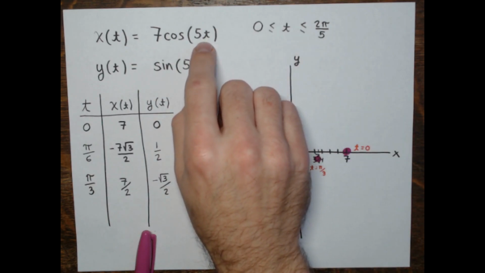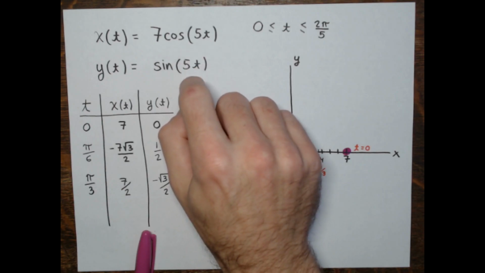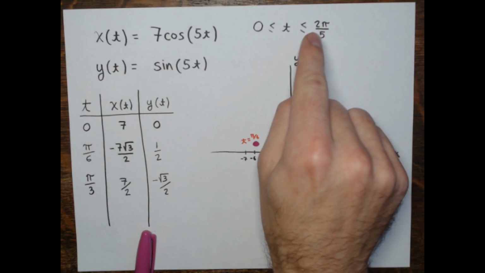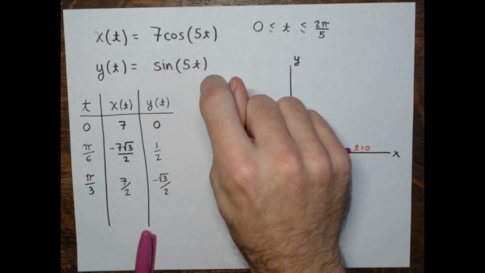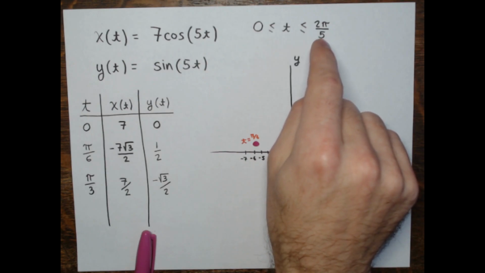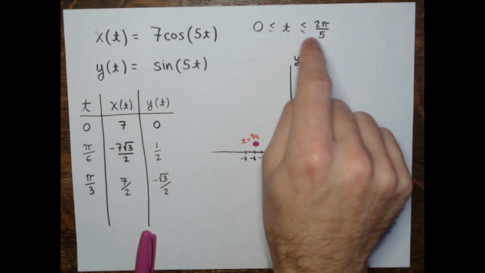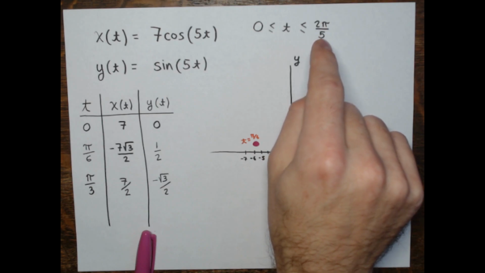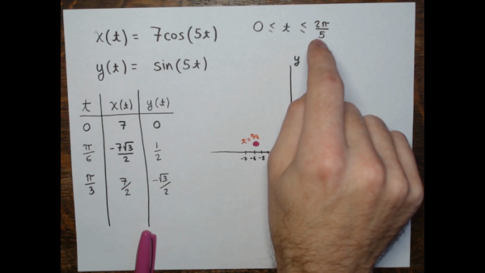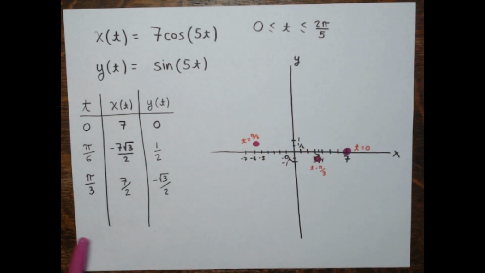Now, honestly, because both of these sine and cosine have 5t in them, that's one period of sine and cosine here. And if I were doing this myself, I'd break that period into quarters and plug in every pi over 10. All right, so let me do that.